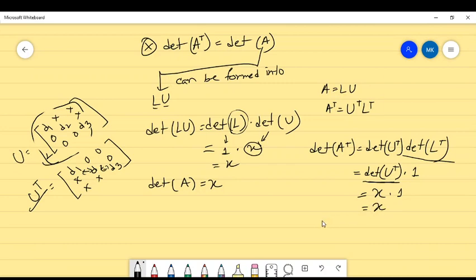So this is the determinant of A transpose, which is also x. In conclusion, the determinant of A is equal to the determinant of A transpose.